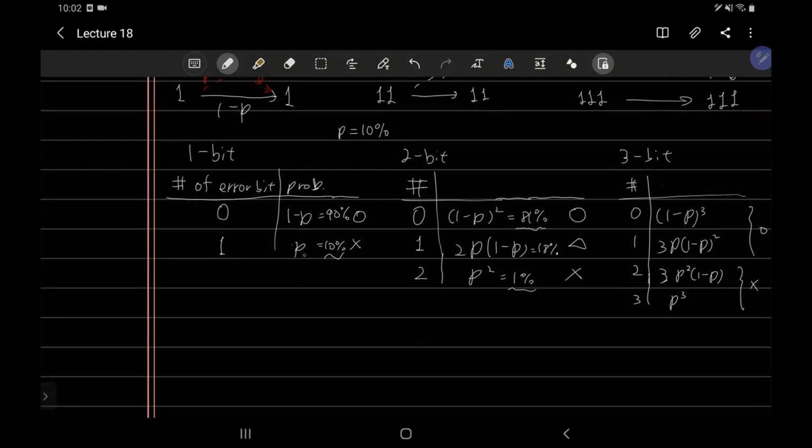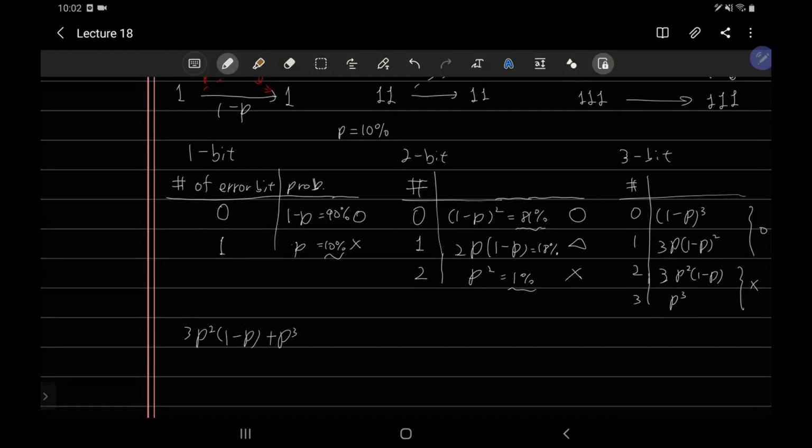For the 1-bit case, the probability is p, while for the 3-bit case, the probability that we will receive incorrect information is the summation of these 2 probabilities. So it is 3p squared (1 minus p) plus p cubed.